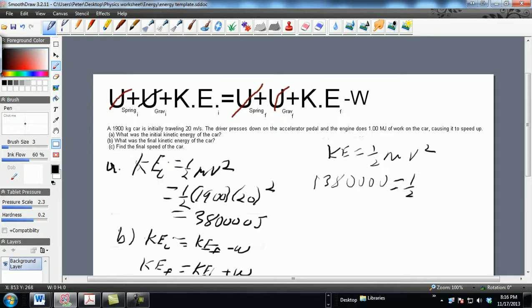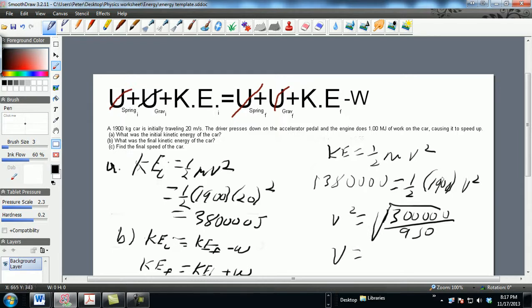That gives you 1/2 times 1900, right, times V squared. So that gives us V squared is equal to 1,380,000 divided by 950. And then we're going to take the square root of all that to eliminate that guy right there.